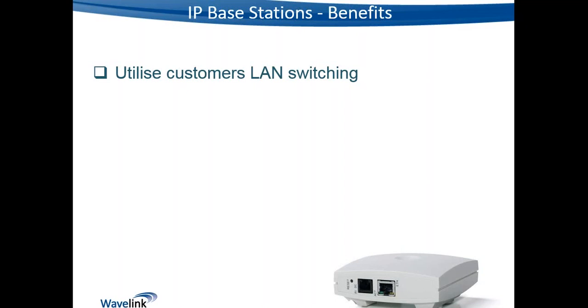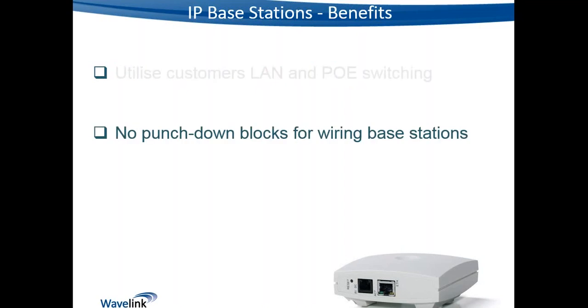So we might as well utilize their existing infrastructure, and certainly if it's a new greenfield site, it's highly likely that the customer will just want to deploy Cat5e, Cat6 cabling and use that for all their needs, rather than deploy a separate infrastructure on top of that to do something like DECT. So that gives us another benefit.